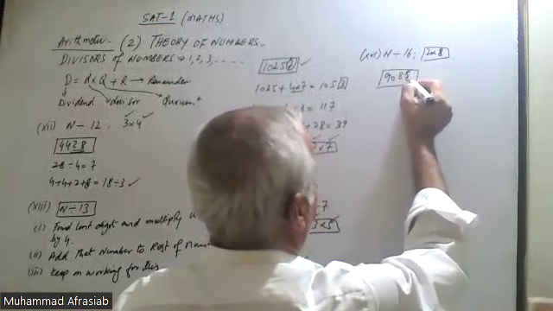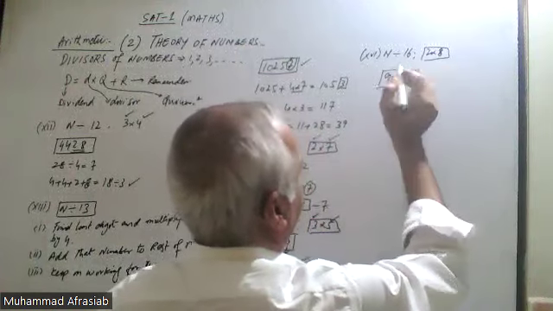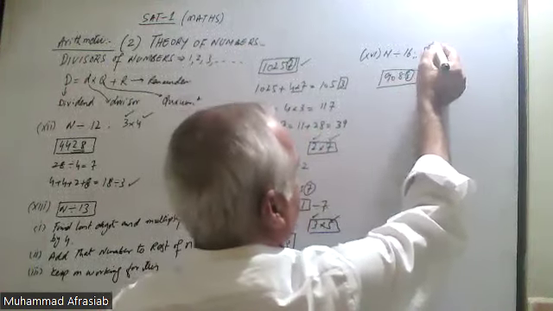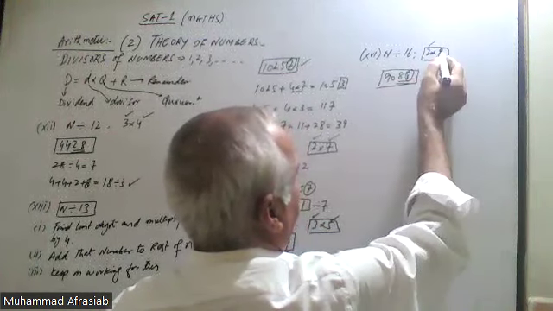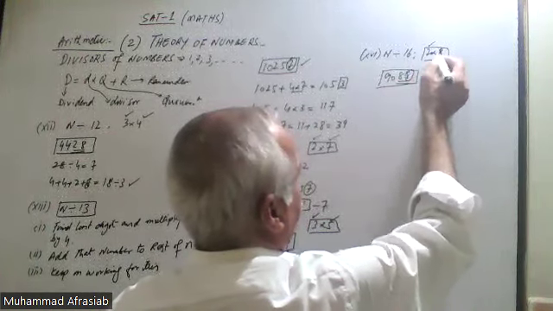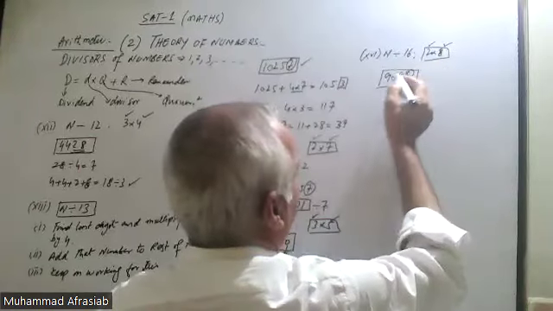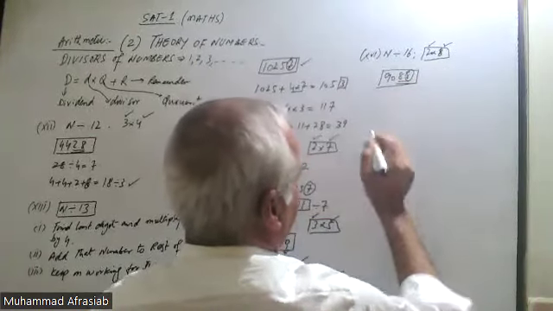Since the last digit is 8, it is divisible by 2, and the last three digits 088 are divisible by 8, so it is also divisible by 8. So the whole number is divisible by 8.